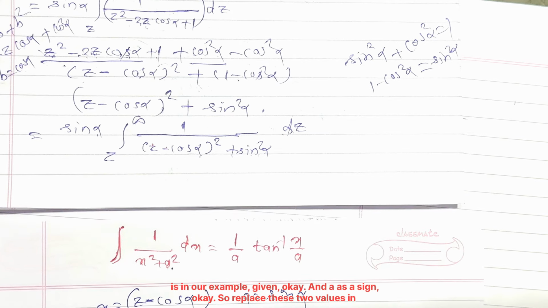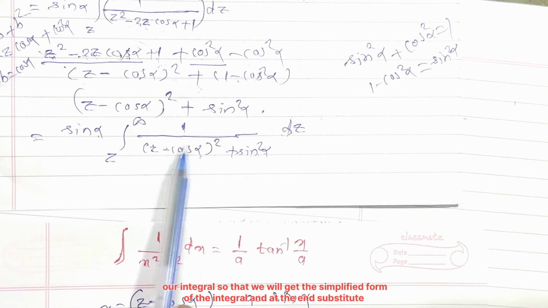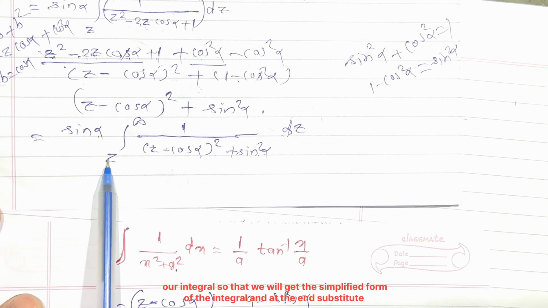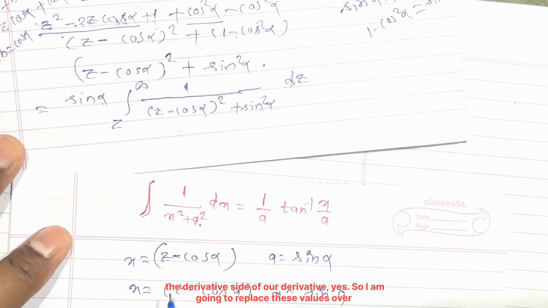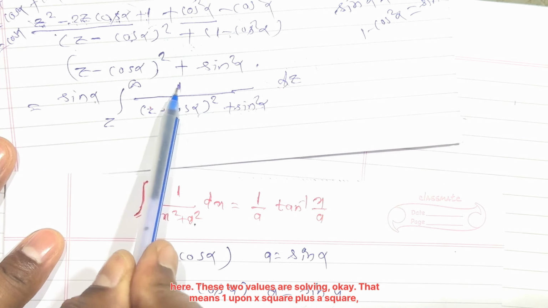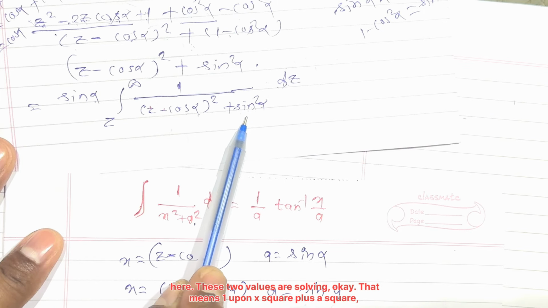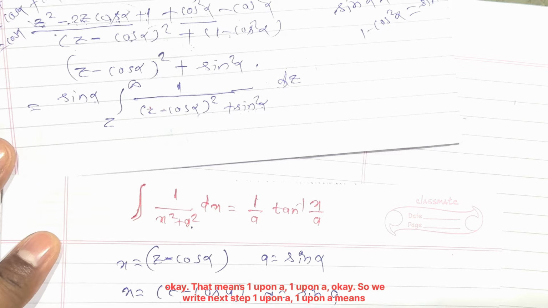So replace these two values in our integral so that we will get the simplified form of the integral, and at the end substitute the limit z to infinity. So I'm going to replace these values over here. That means 1 upon x square plus a square, that means 1 upon a. So we write the next step, 1 upon a.